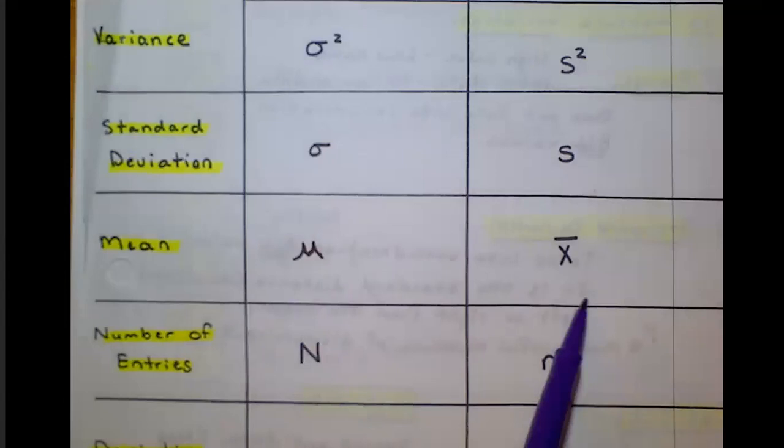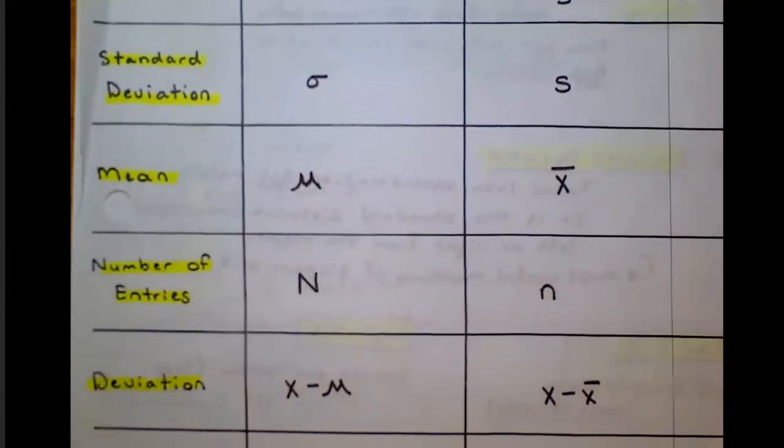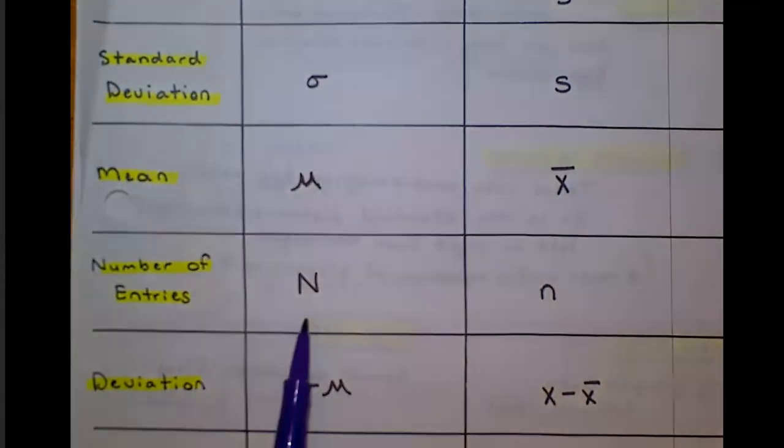Your sample symbol is the X bar. Population, you use a capital N. Sample, you use a lowercase n. That's how many entries of data that you have, or how many people you've actually sampled.